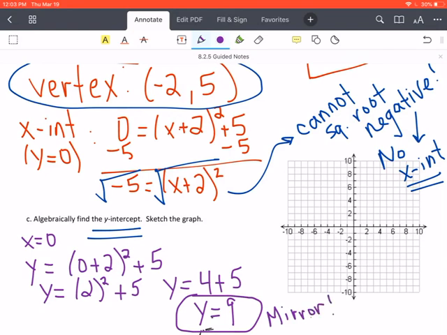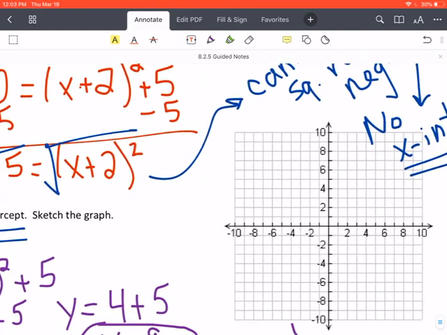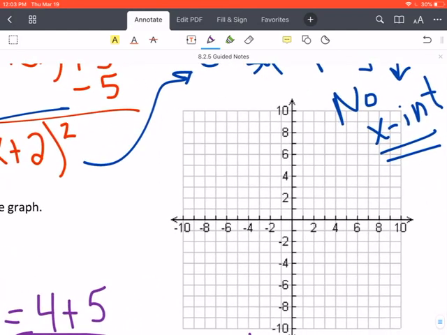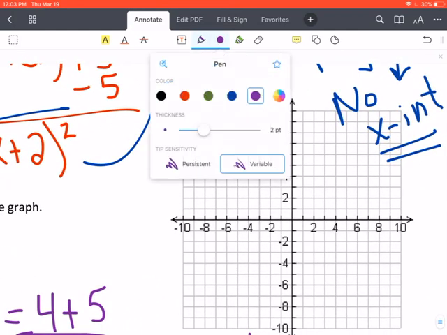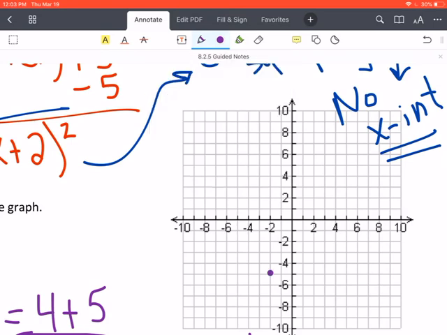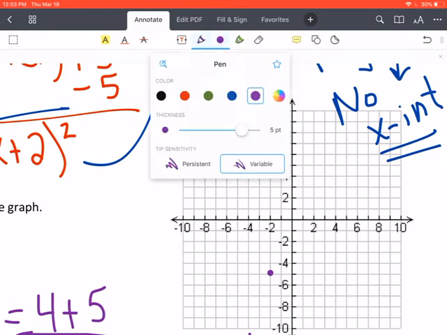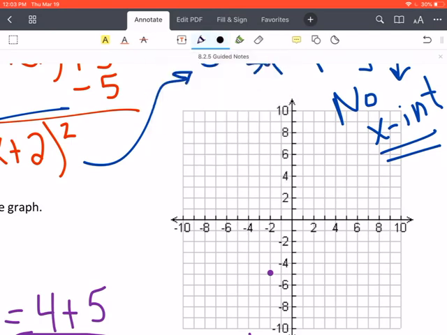So let's go ahead and complete our graph. I'm going to zoom in a little bit. So we have -2, 5. So our vertex is at -2, 5. Okay, and we can draw in our line of symmetry if that helps some of you, because knowing our vertex, there is our line of symmetry.